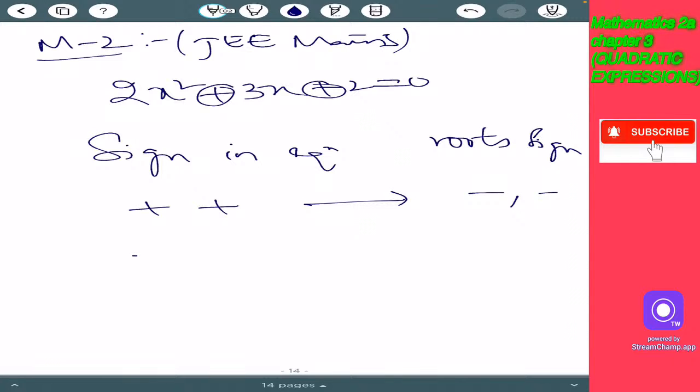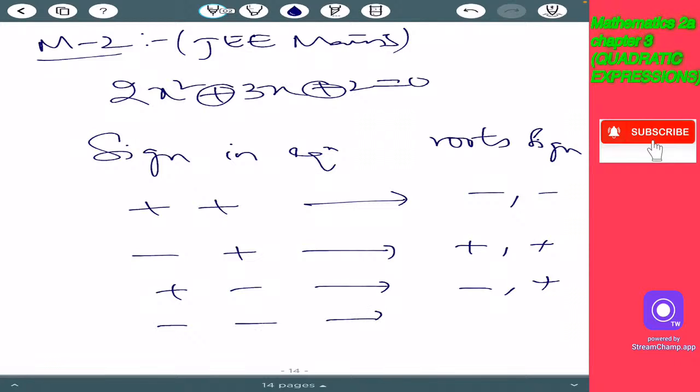If you get minus and plus signs in your equation, you will get root signs as positive and positive. If you have signs as positive and negative, you will get the roots as negative and positive. If you have 2 negative signs, you will get positive and negative.